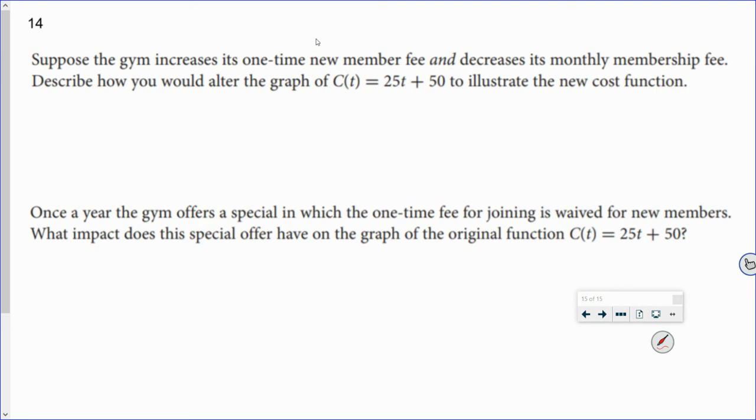So it increases its one-time membership fee, so I'm going to add to this portion, and I'm going to charge less per month, so I will decrease this portion of it. Now, they haven't told me how much, but that's where I deal with it. I'd raise the price right here, so it becomes 25t plus, let's see, if we increased it by $25, plus 75, and I made it $10 a month, it'd be 10t there.